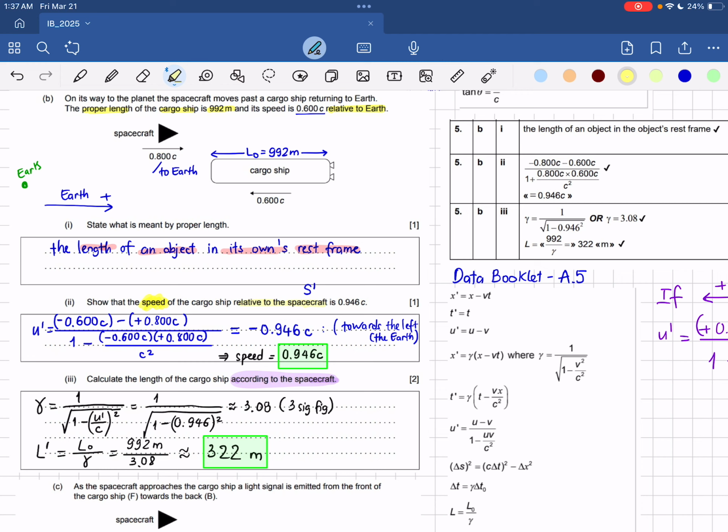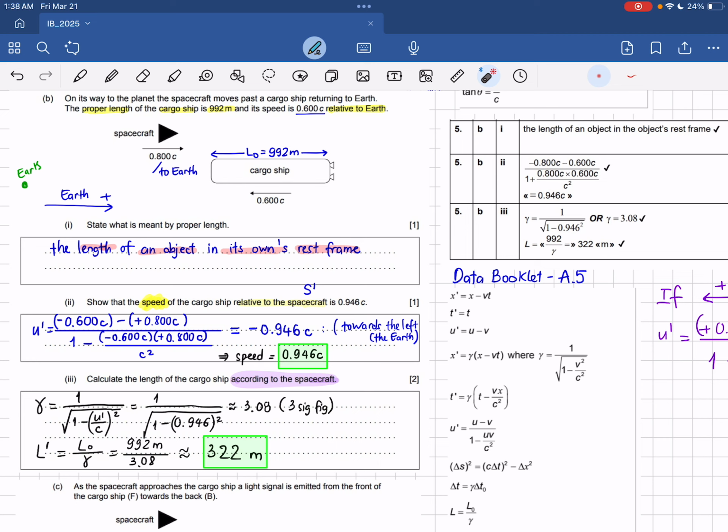So far, we just see how it is seen from the Earth, but now it's seen from the spacecraft. And it asks for the speed of the cargo ship, okay? So how can we find this one? Basically, we need to find some velocity relative to some moving reference as well, right? Because the spacecraft is moving relative to the Earth.